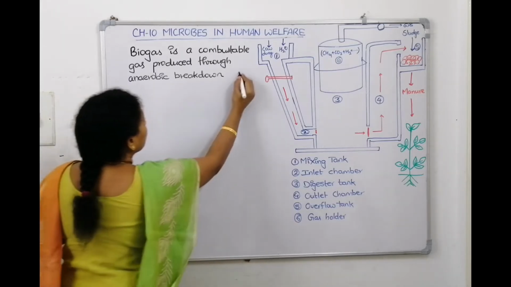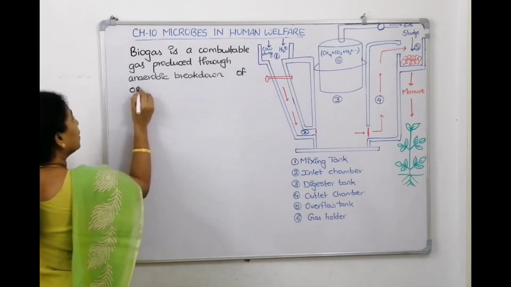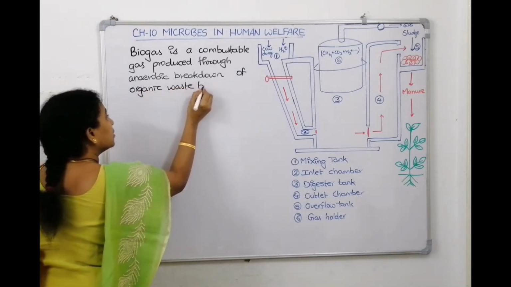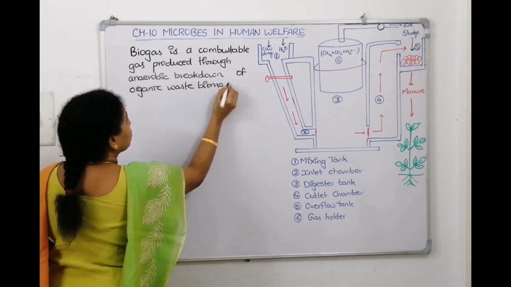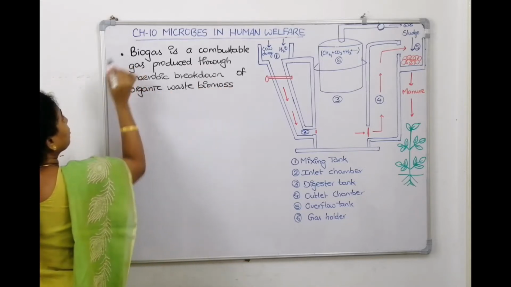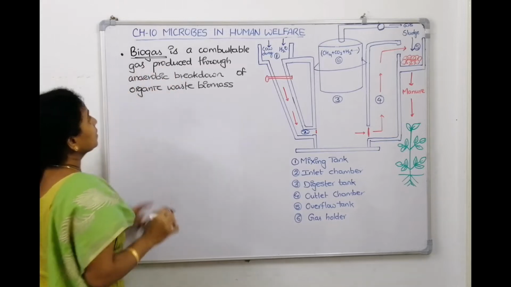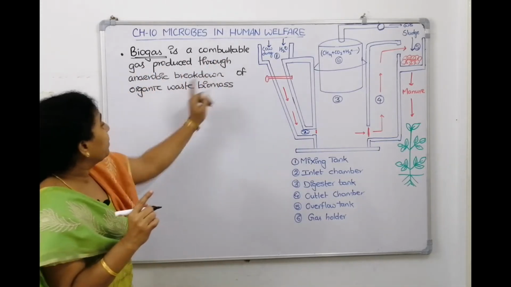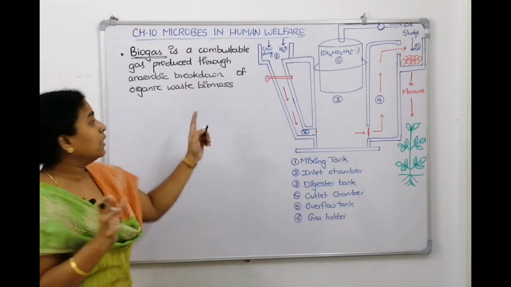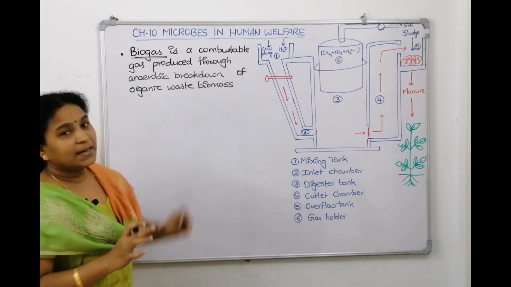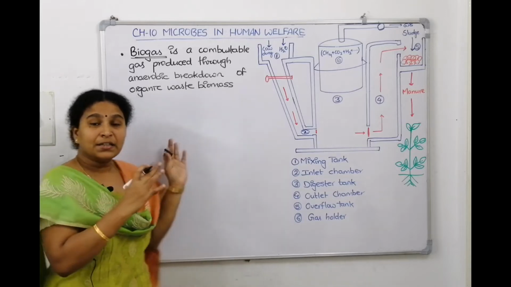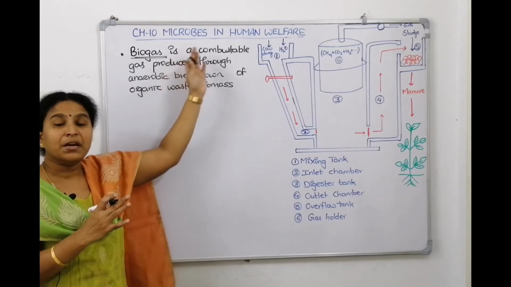Anaerobic breakdown of organic waste biomass. So we generate biogas, which is burnable, combustible gas, through anaerobic breakdown. Microorganisms will do it. They'll break the organic waste biomass into gas. So it's good, right? We are converting the waste into a gas, which can be reused.